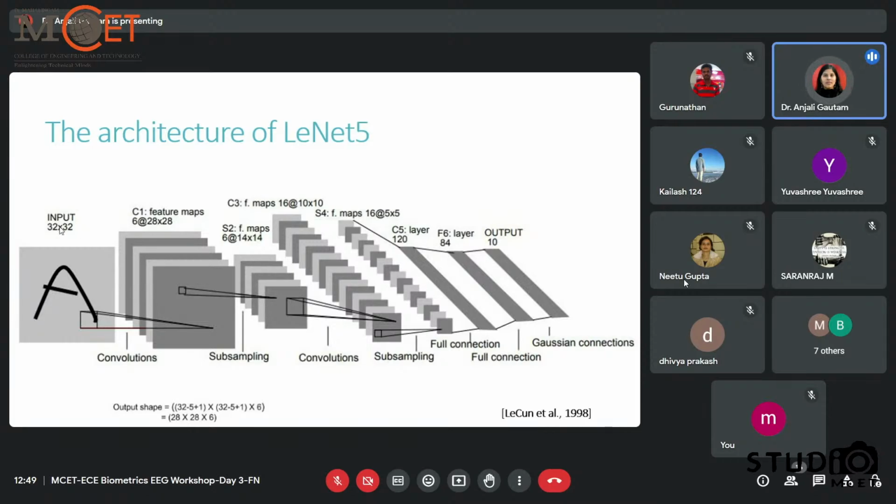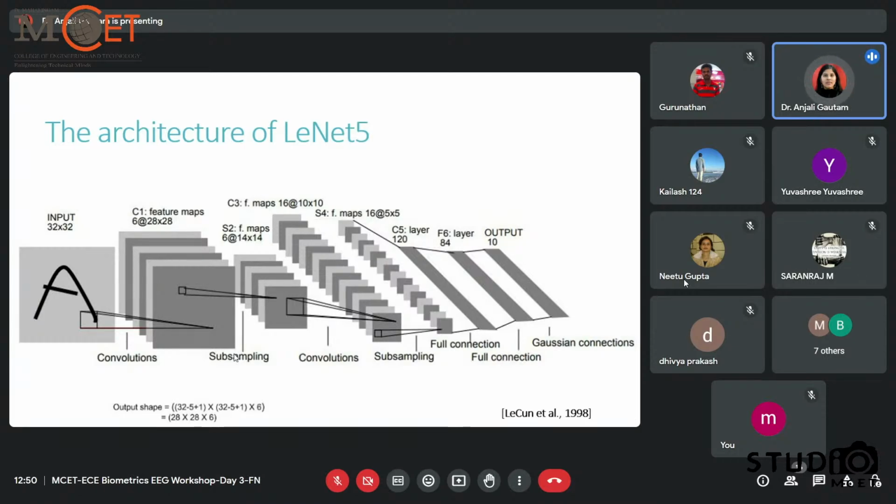Now let's say the input image here is of size 32 cross 32. So how does it come out as 28 cross 28? In their architecture they took the filter size as 5, which means the kernel is 5 cross 5. If you have a 5 cross 5 kernel, obviously the size of the image will be reduced.